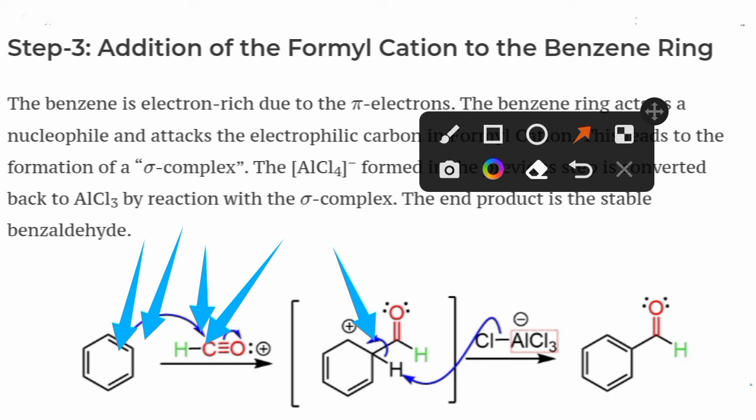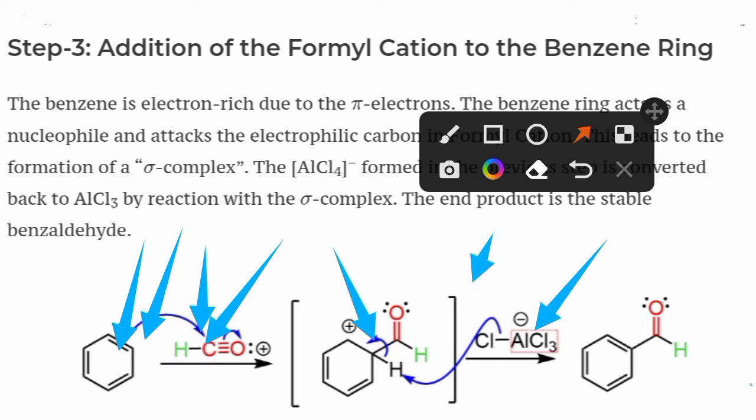Now in the next step, the AlCl4 that was formed gives out one of the Cl, and this AlCl4 again gets converted into AlCl3. That means the AlCl3 that was used during the step 2 mechanism is restored in this step, and this Cl which was given out from AlCl4 abstracts hydrogen.